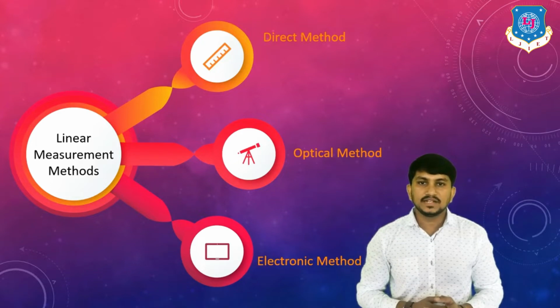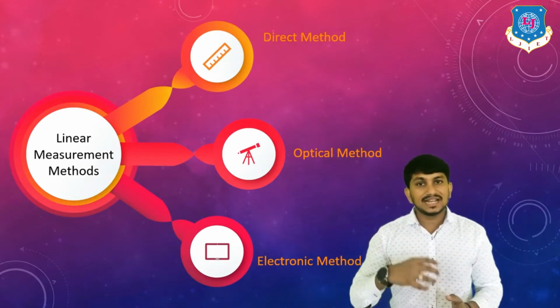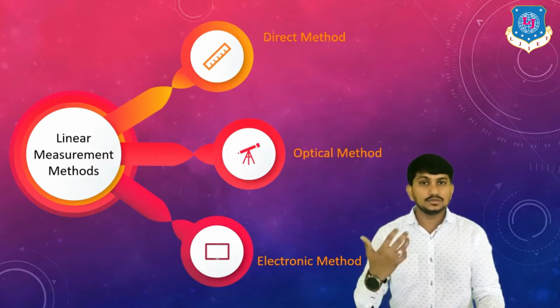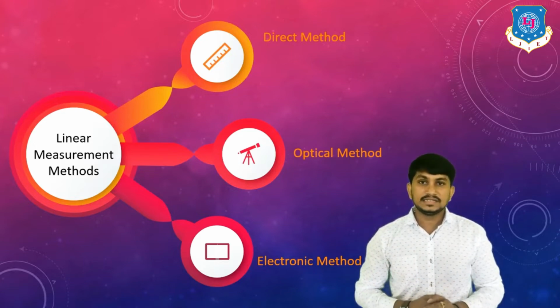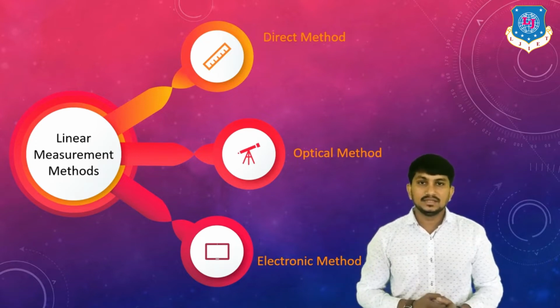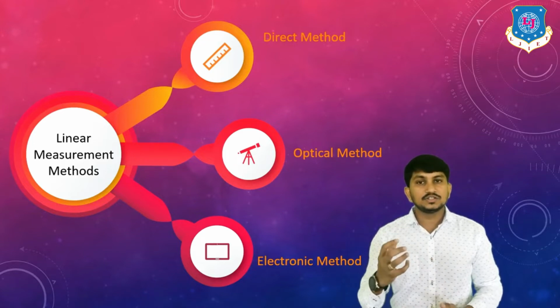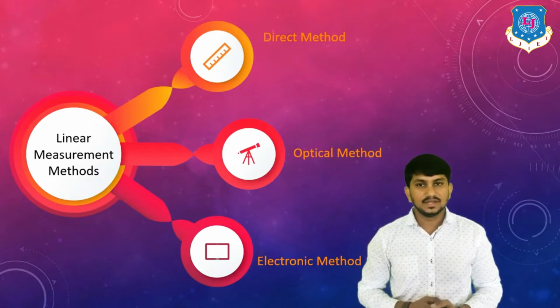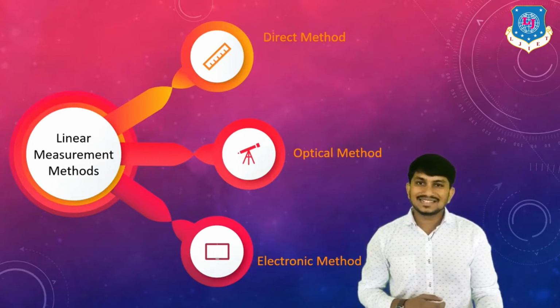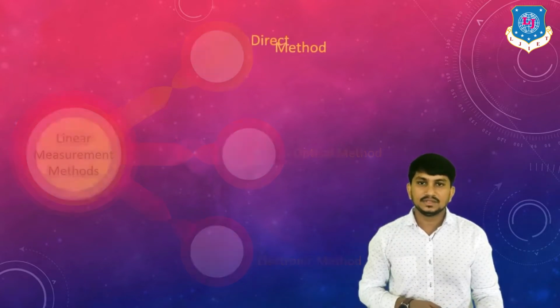Second is optical method, where number of principles of optics are used, where telescopes are used. The instrument used for optical method is tachometer. And the last is electronic methods, in which electronic instruments like total station is used. In our syllabus, we will discuss various direct methods.